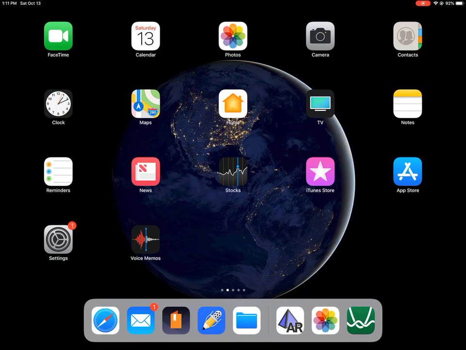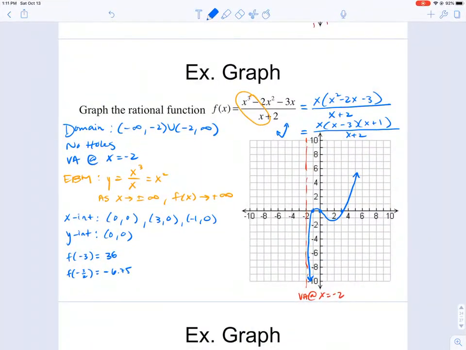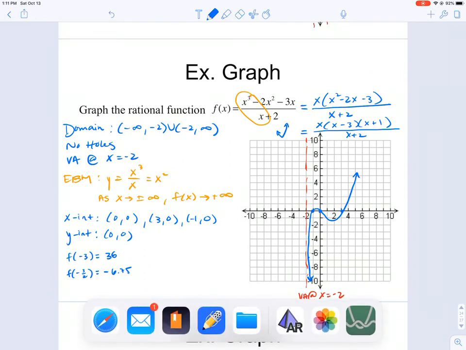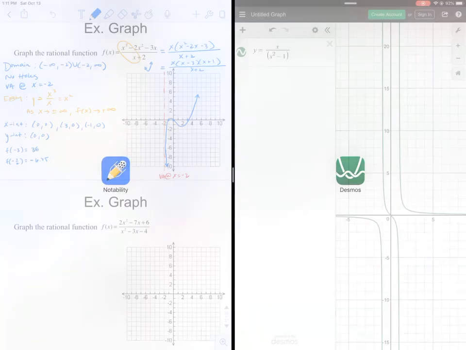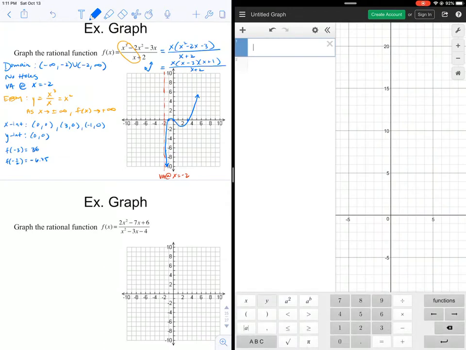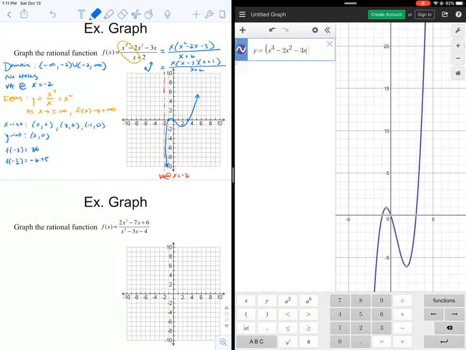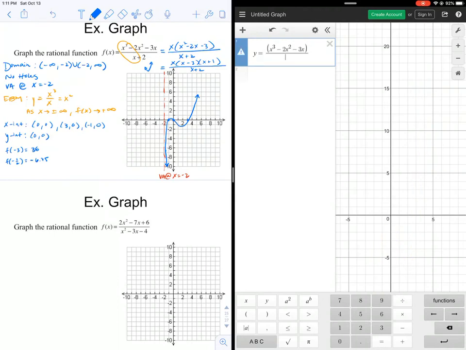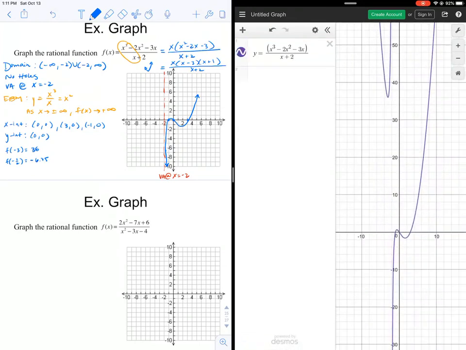Let's graph this on Desmos, just to see really how far we are off. Hey, it's not bad.